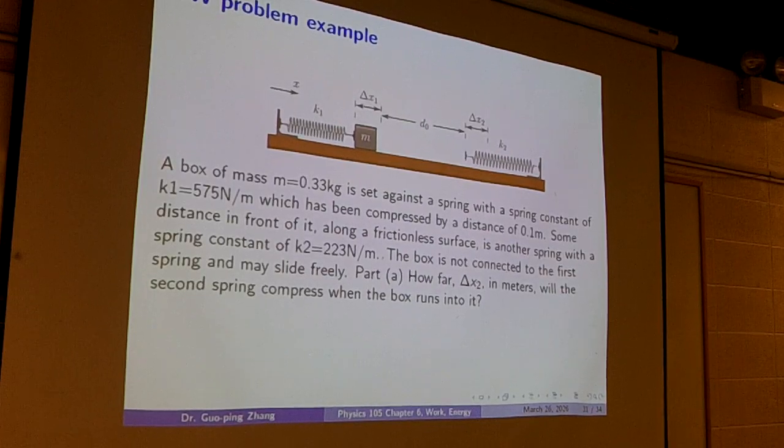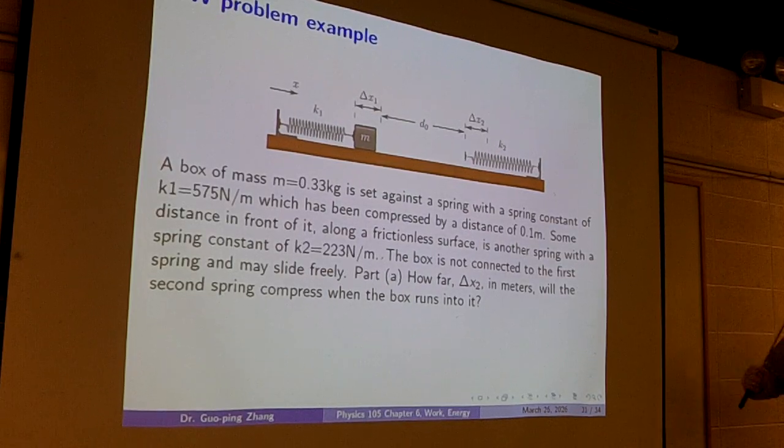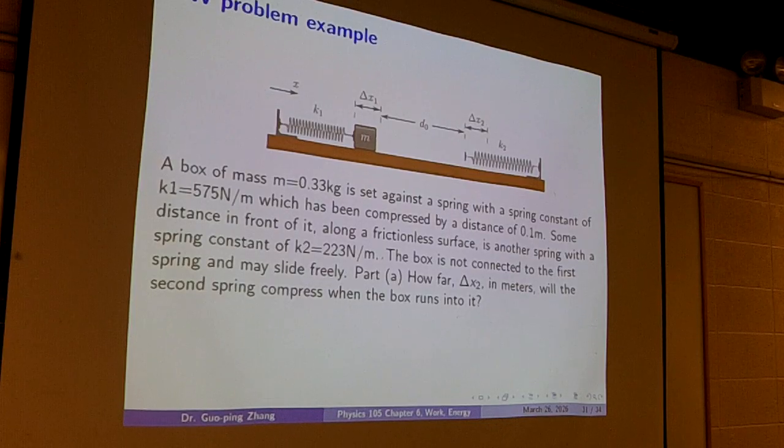Then it says some distance from it, and along a frictionless surface. So in other words, this surface for the moment is frictionless. Then there's another spring with a different spring constant, called K2, behind it.